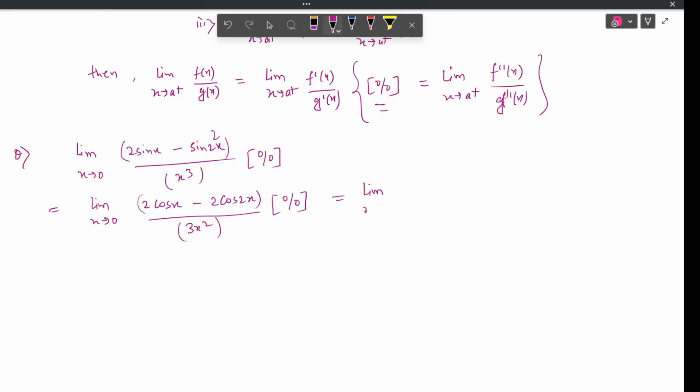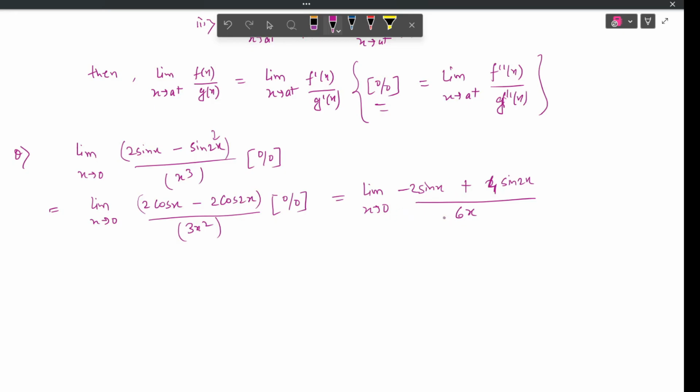So it will be the limit as x tends to 0: differentiation of cos x is minus sin x, differentiation of cos 2x is minus sin 2x, so it will be plus, and 2 will come outside, so it will be 4. dx by dx is 1, and it will be 6x, the derivative of 3x square.